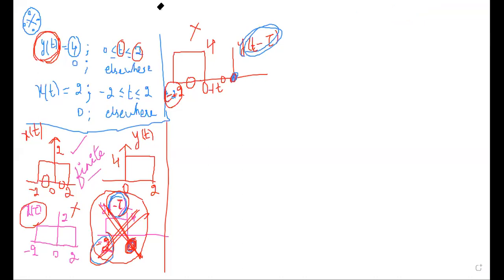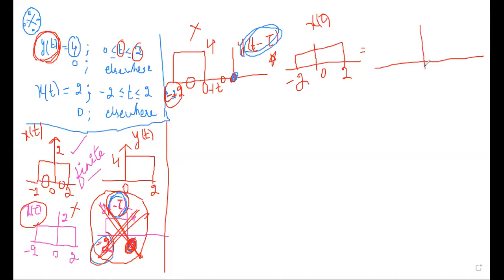So let me draw the two diagrams nearer so that you will understand it very clearly. So this is x of tau now. I am performing the convolution between these two. X of tau, it is minus 2, 0, 2. So you write the symbol convolution. Now I want to draw the complete output in the complete diagram. See, listen here.